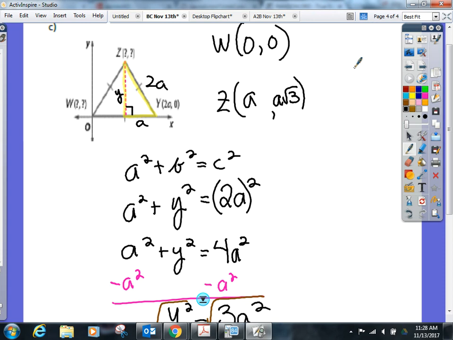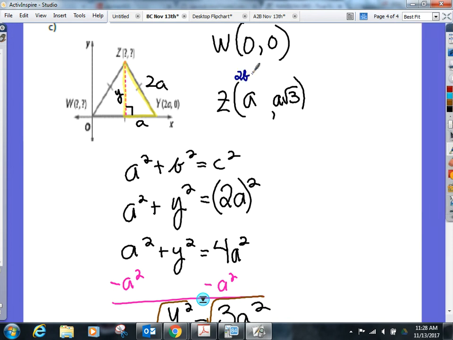Now, so you don't have to do that over and over again tonight when you are faced with an equilateral triangle, watch, ready? Let's say instead it's 2b. Guess what your y-coordinate's going to be? 2b radical 3.